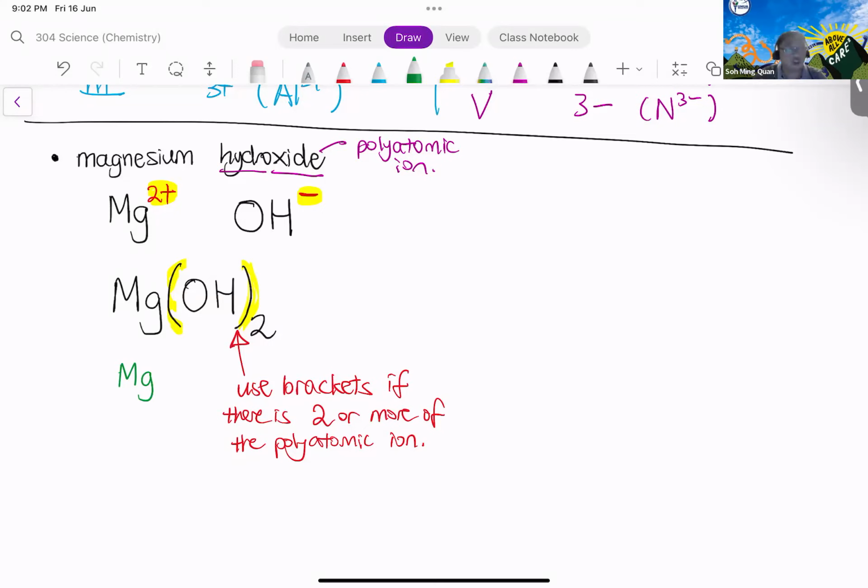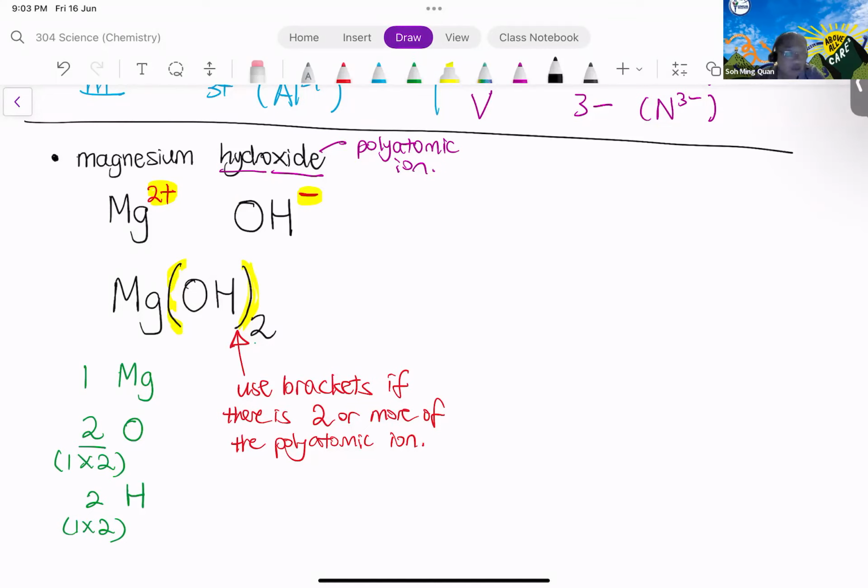Then you've got to think, oh, the 2 applies to whatever is inside the brackets. So it's not just 1 oxygen anymore. It's 1 times 2, 2 oxygen. How many hydrogens are there? Is it just 1? No, right? Again, it's 2 because it's 1 times 2. So there's 1 magnesium, 2 oxygen, 2 hydrogen in magnesium hydroxide.